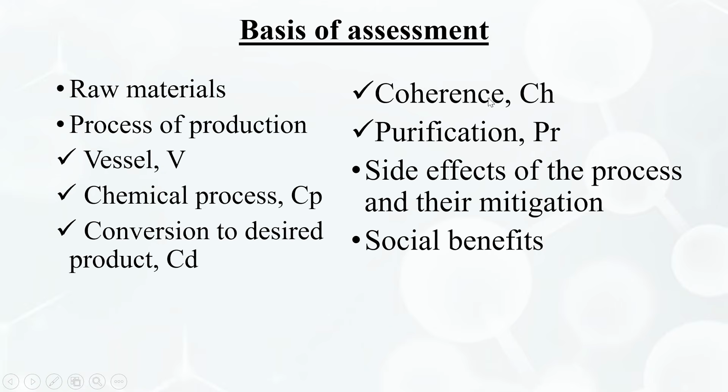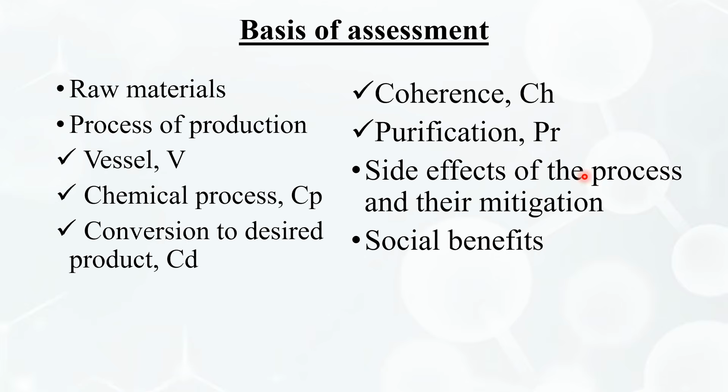Coherence. Coherence, meaning the logical flow. Are you someone who is moving from step 1 to step 2 to step 3, or your stages are intermixed? So there is a score there. Then purification, you also have a score. Then we have the side effects of the process and their mitigation.